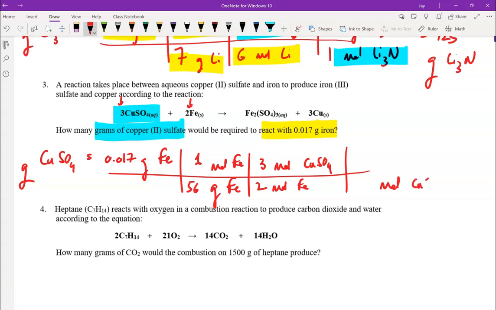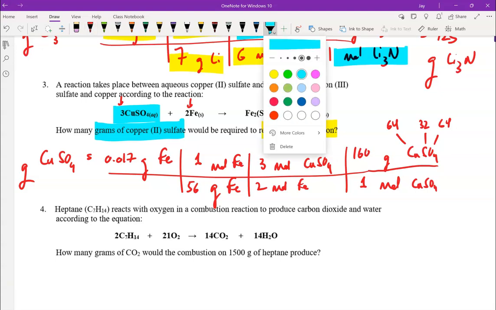And now we can go from moles of copper 2 sulfate to grams of copper 2 sulfate. We know that there are 4 oxygens in there, each 16, so that's 64. The sulfur is contributing 32, and the copper is also 64. So we have 64 plus 64 is 128 plus 32, and this is a molar mass of 160.